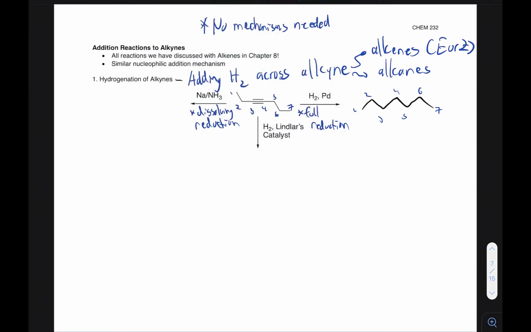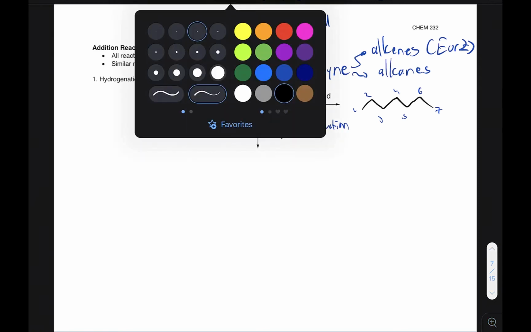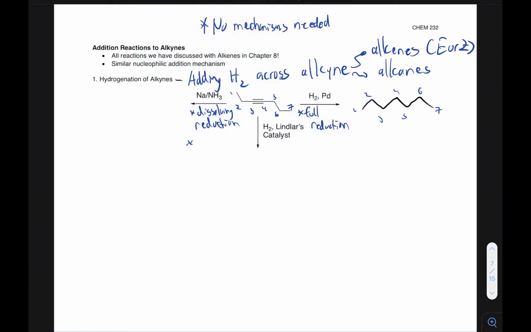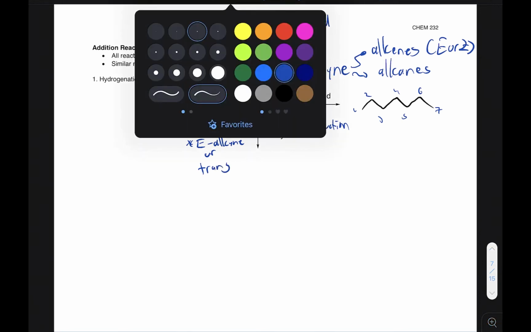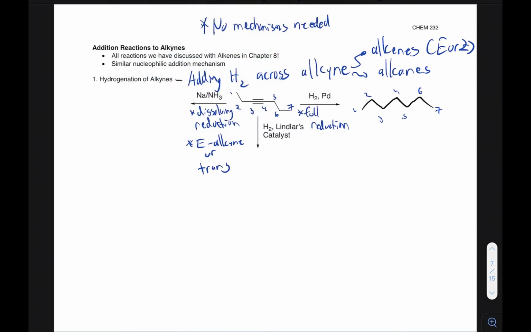And so when we react this, the outcome is actually the E alkene, right, or trans. So it'll end up looking like this, where we have the alkene in the middle here, with those two groups opposite to each other, E.